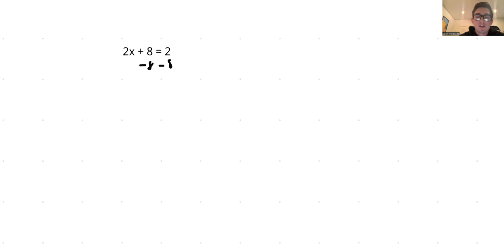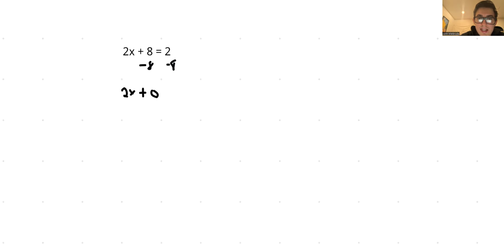So we have 2x, and right there we're not doing anything to that. We have 8 minus 8 and 2 minus 8, on either side of the equal sign. 8 minus 8 is just 0, and for clarity we can write that if we want to. That helps some people see what we're doing. And then 2 minus 8 is just -6.